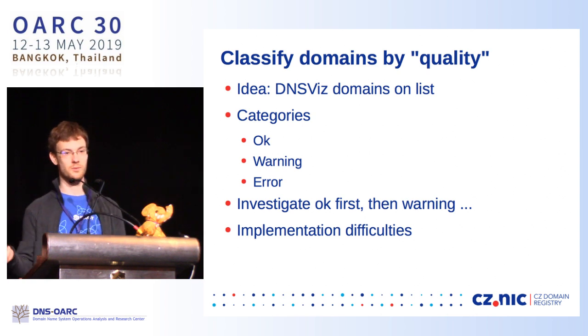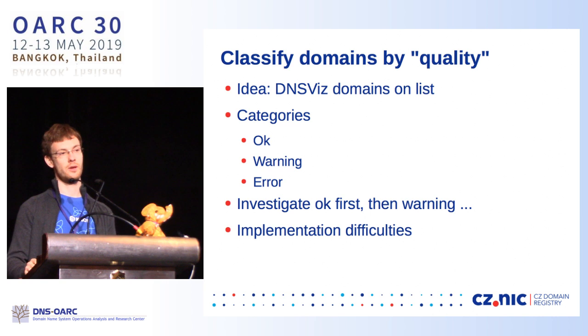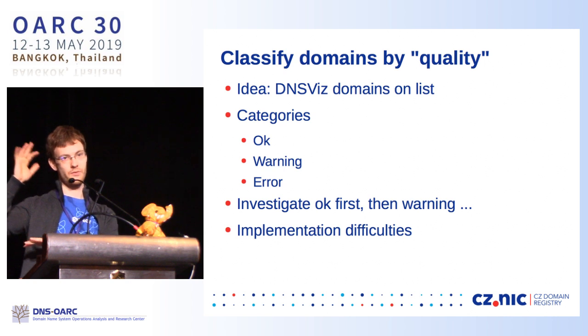The last idea we came up with in my team was to somehow classify the domains automatically based on their quality. The idea was basically to run DNS-Wiz on the set of domains which ended up in the different sets and categorize them into OK domains, domains which are flagged by DNS-Wiz with some warning message, and the error ones.